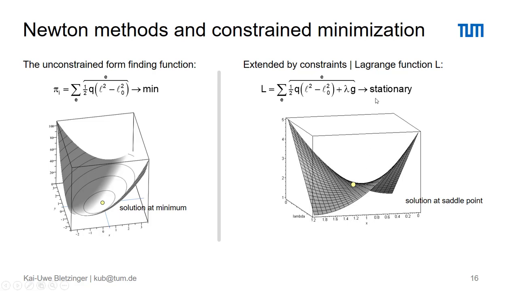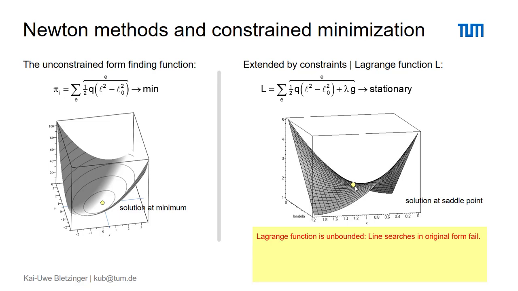That means we are not looking anymore for a minimum point, a minimum solution, but for a stationary point, the one where the derivatives in direction of the free variables and the derivatives in direction of the Lagrange multipliers are zero. We have seen another example before with the saddle point.